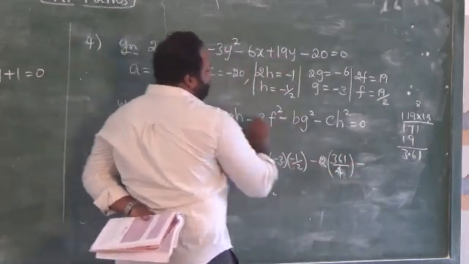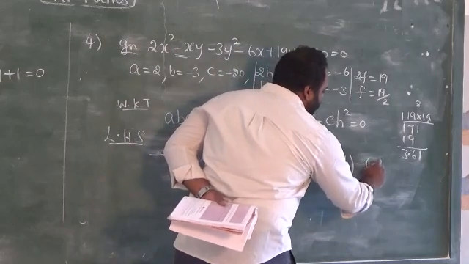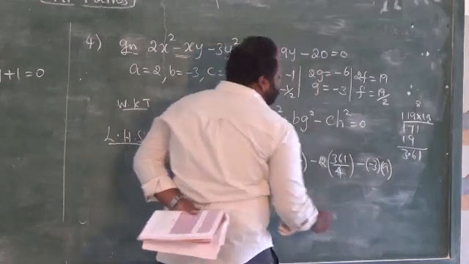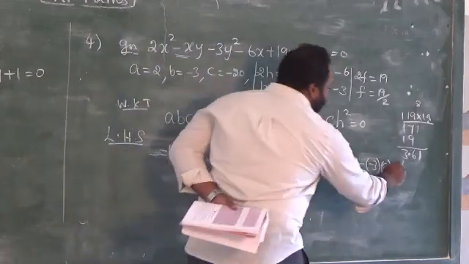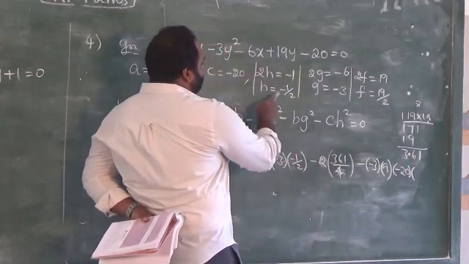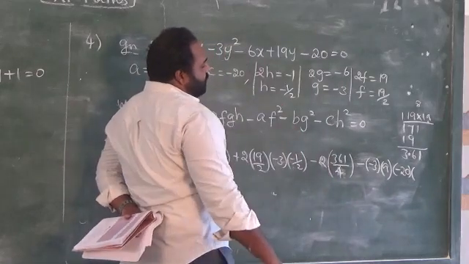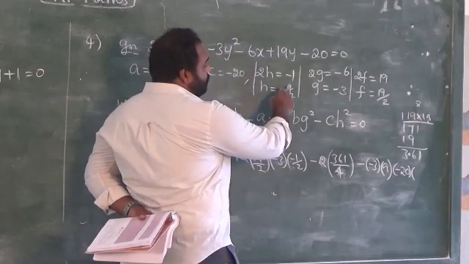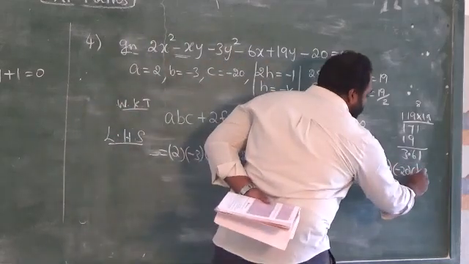Minus B is minus of minus 3 into G square, which is 9. Next, minus C into H square, minus 20 into H square. H square is positive, because minus 1 by 2 squared becomes positive, 1 by 4.